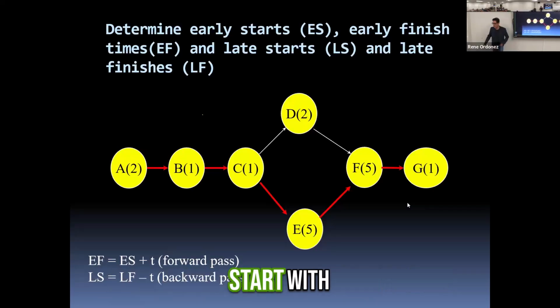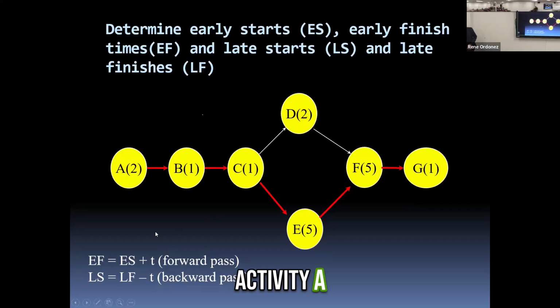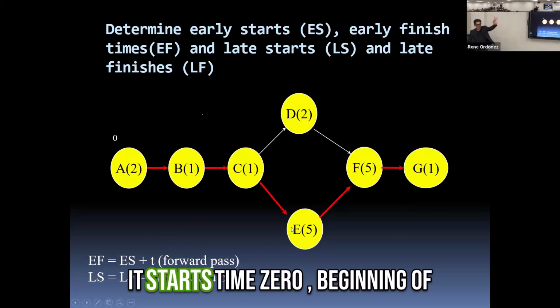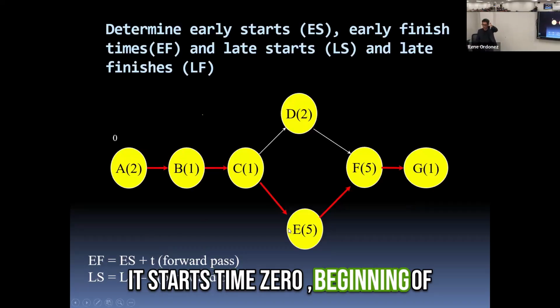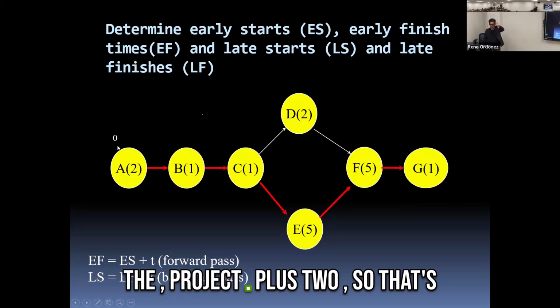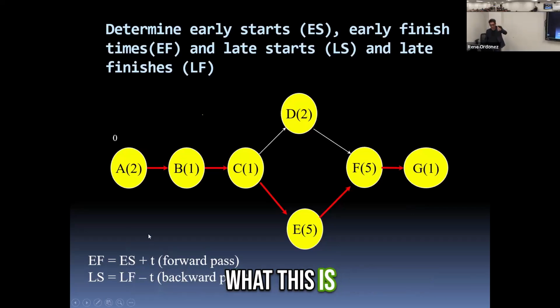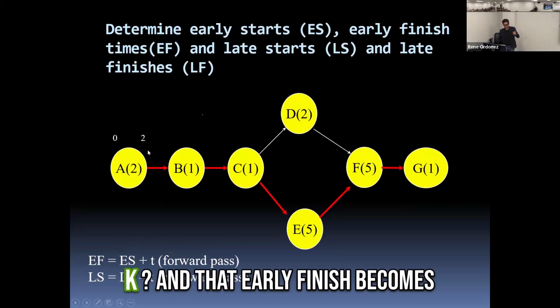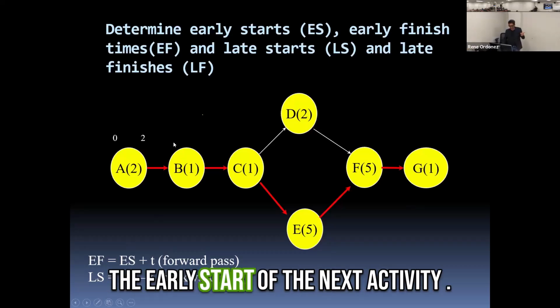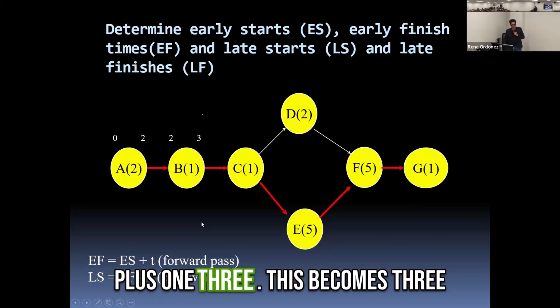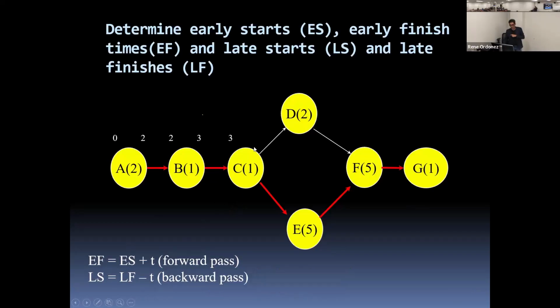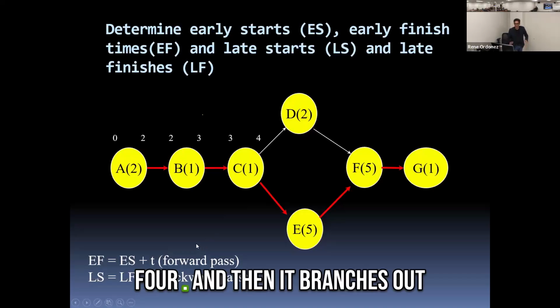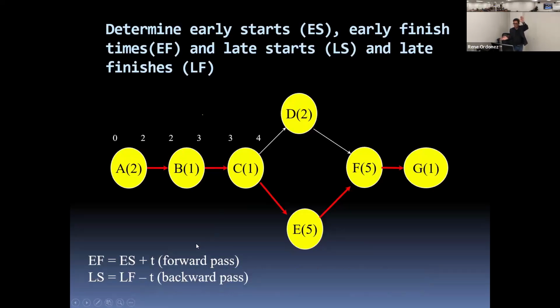So we start with activity A. It starts at time 0, the beginning of the project, plus 2, so that's what this is. That early finish becomes the early start of the next activity, plus 1, 3. This becomes 3 here, plus 1, 4. And then it branches out.